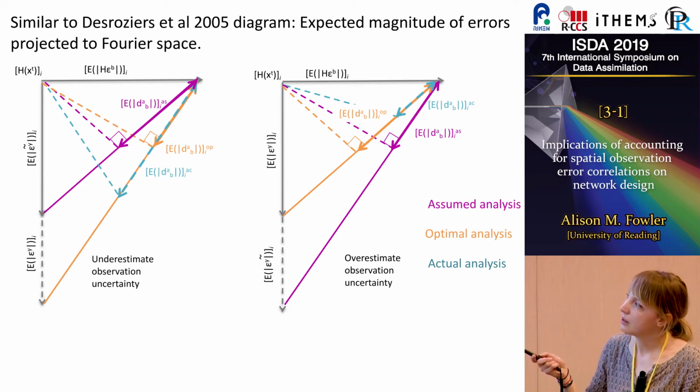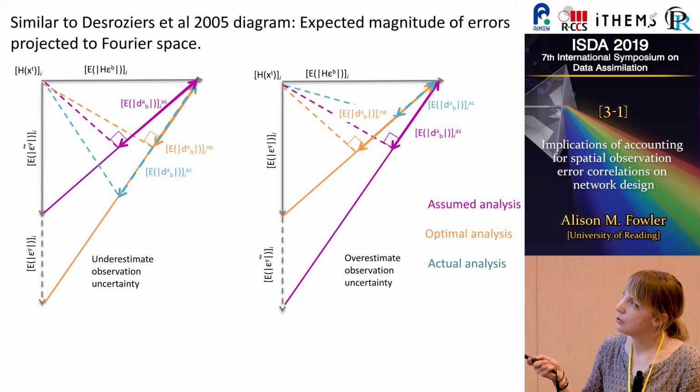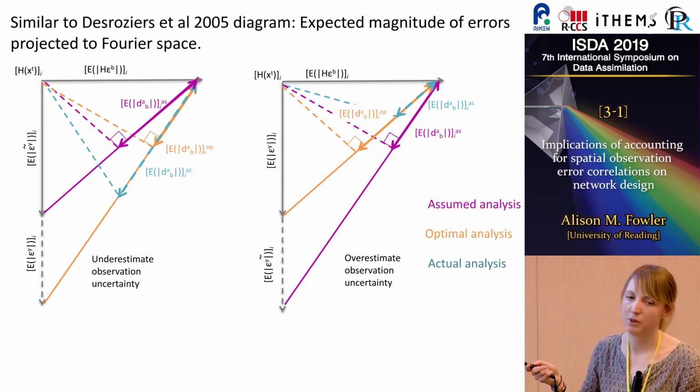And in this case, the actual analysis increment is now smaller than optimal and smaller than expected. And the actual analysis error is larger than optimal, but it's smaller than we would have assumed it would have been.